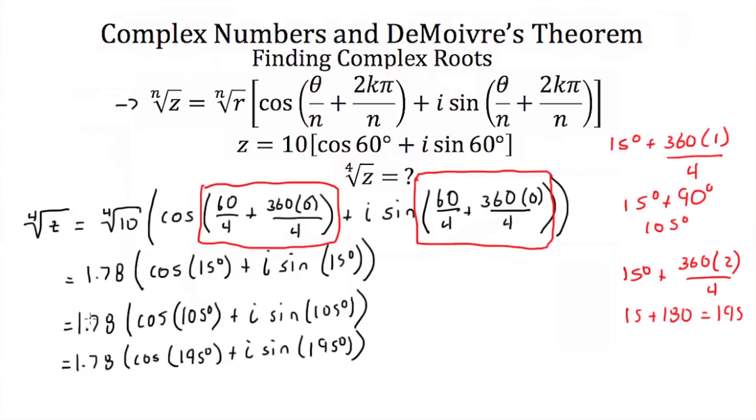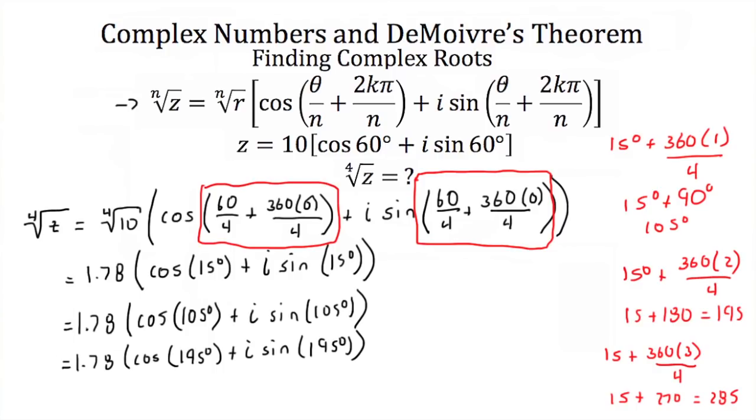One more solution to go. For my fourth, I go up to k of 3. So 60 over 4 is 15 again, plus 360 times 3 this time over 4. 360 times 3 divided by 4 is 270. So 15 plus 270 is 285.